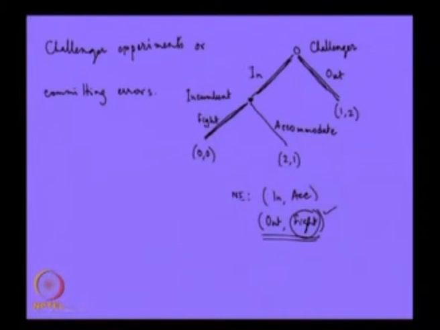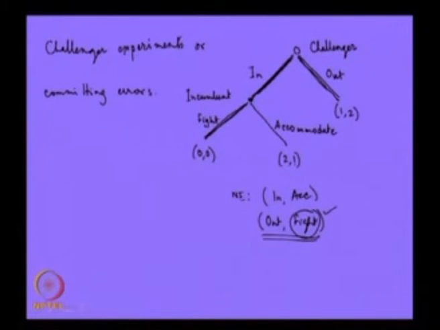Now, the problem again is that if the challenger is getting in, then for the incumbent to choose fight is suboptimal, because remember, if the sub history is in, then the incumbent has to choose between fight and accommodate, and 1 is greater than 0.